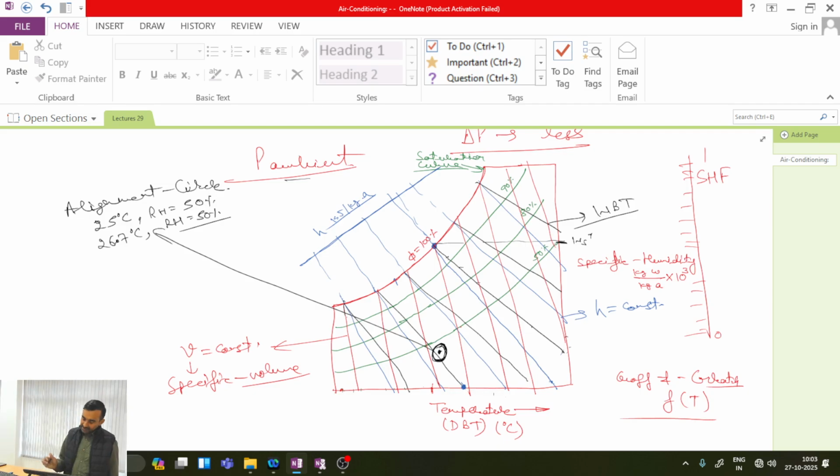On the psychrometric chart, along the y-axis we have specific humidity, which typically is specified in terms of kilogram of water per unit kilogram of air, where water refers to moisture content in the air and air refers to dry air.